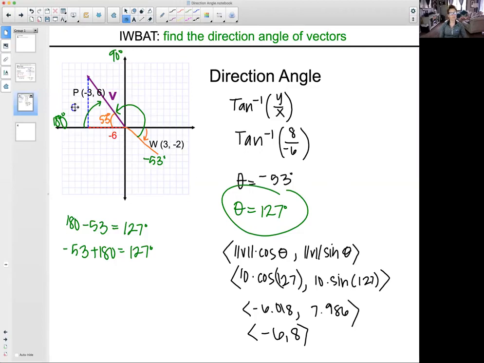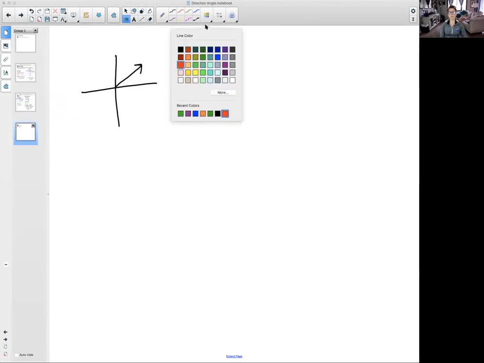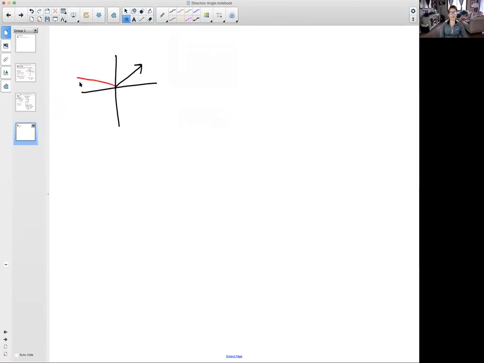So when you're finding direction angles, just a recap, make sure to think about it: if it's pointing in the first quadrant, this is between 0 and 90 degrees. If it's pointing in the second quadrant, this is between 90 and 180, so you're going to have to subtract this reference angle that you get away from 180 to figure it out.